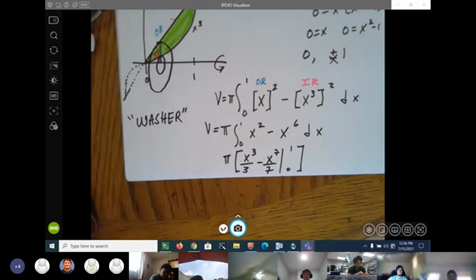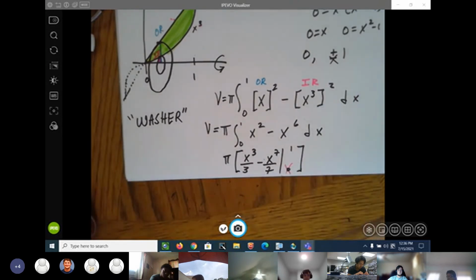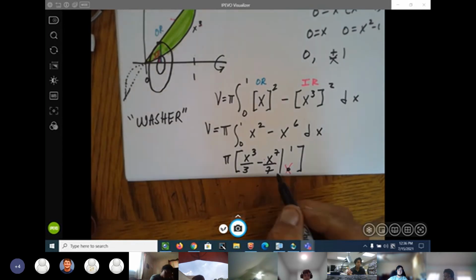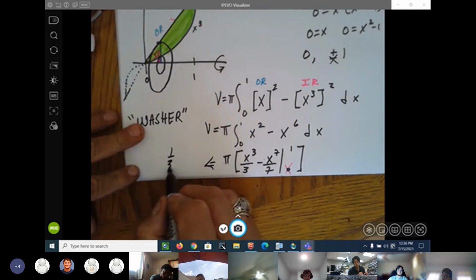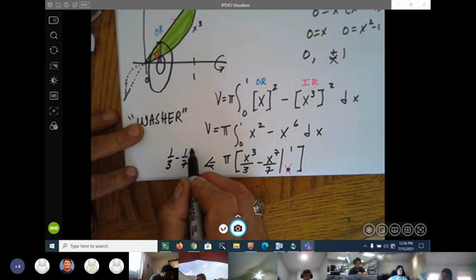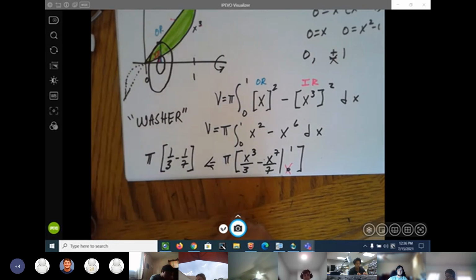Well, what happens to the 0? It gives 0 over 3 minus 0 over 7, which is 0. And then you're going to have 1/3 minus 1/7, multiplied by pi.